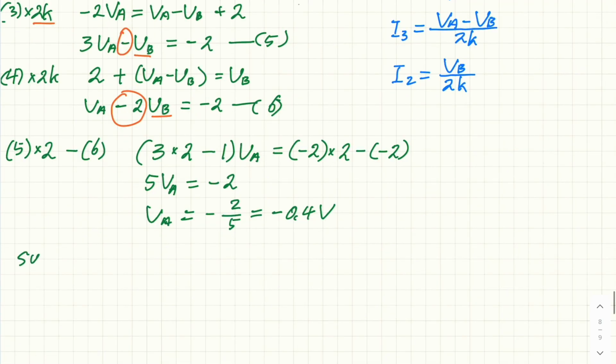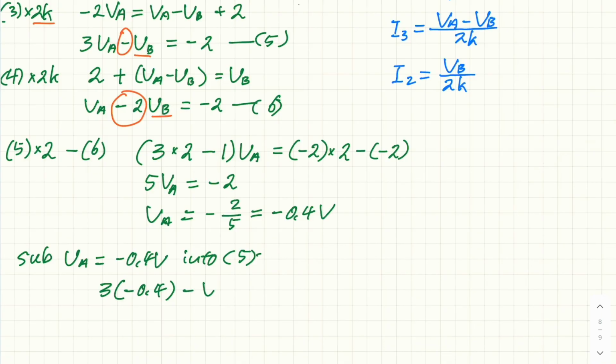Now we substitute VA equal to minus 0.4 volt into equation 5. So we have 3 multiply minus 0.4 minus VB equal to minus 2.